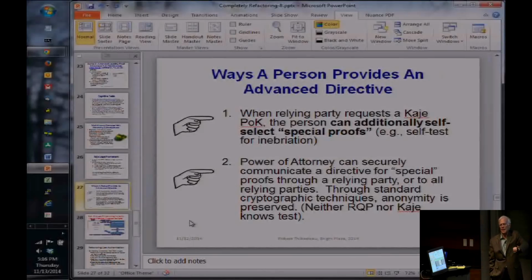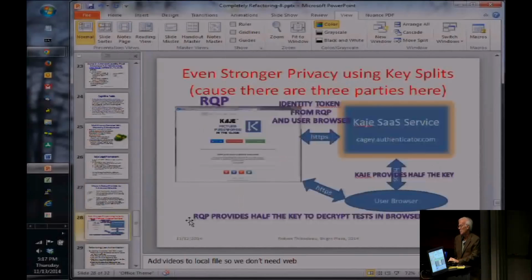Okay. So you're left with the browser as the place where the test actually comes into being. And we're lucky, having done this refactoring of the problem into one party who knows the user and another who knows the proof of knowledge, that there are some fairly simple ways to deal with that.